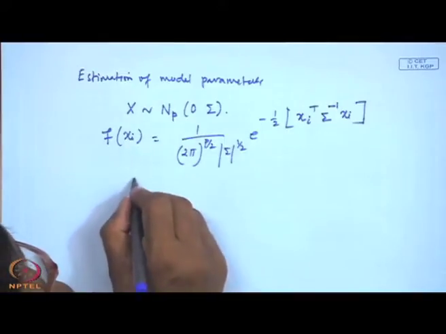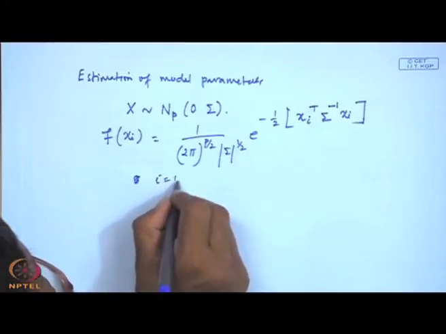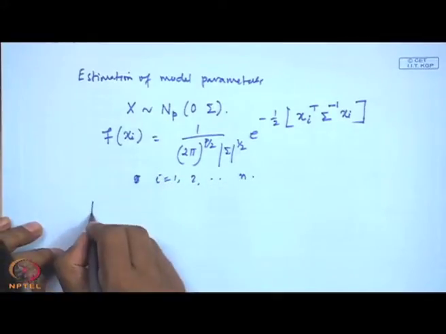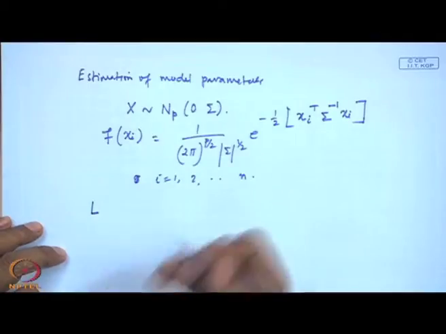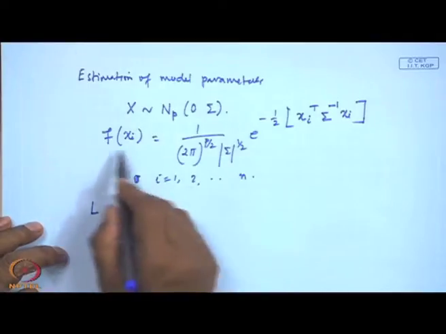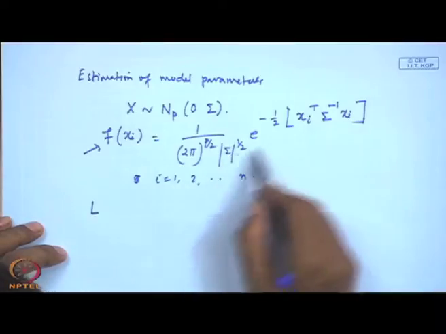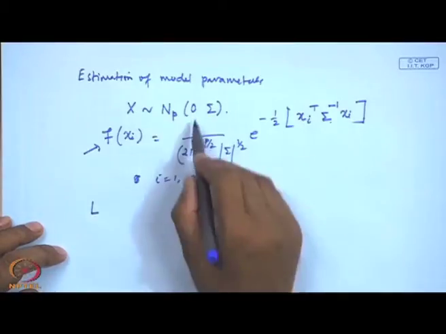Now, you collect n observations, i equal to 1 to n. We want to know the likelihood first. If you see this equation, there is only one parameter, sigma, and mu is 0.